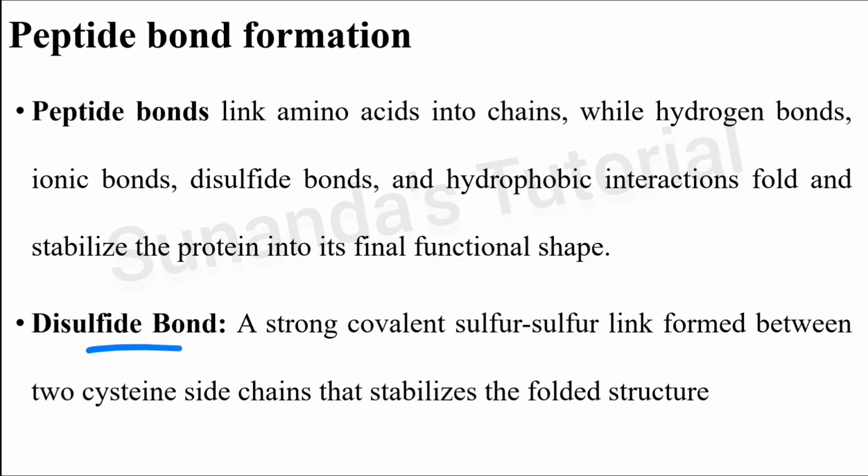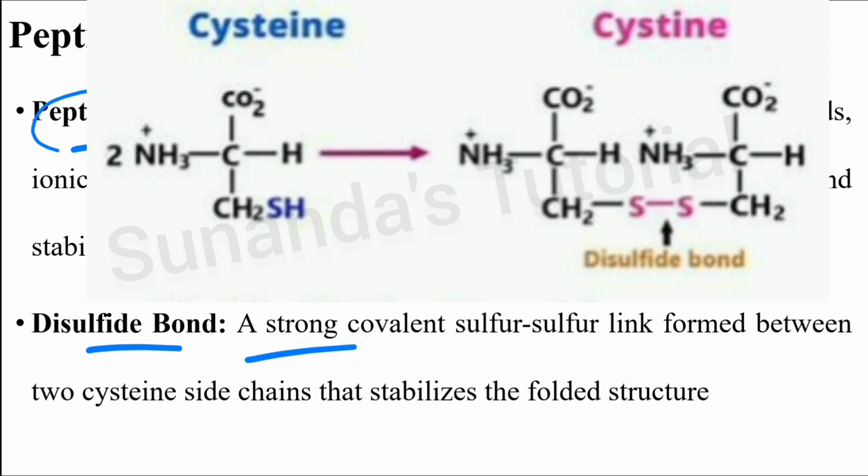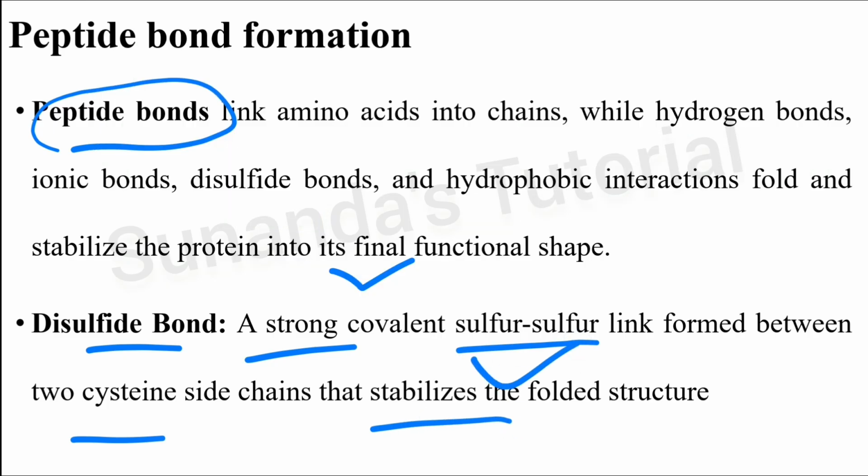Next is disulfide bond. About peptide bond, I have already told you about peptide bond formation. It is formed between the carboxyl end of one amino acid and the amino group of the next amino acid, and during the formation of peptide bond, one water molecule is removed. Now disulfide bond, it is also a strong covalent sulfur-sulfur link formed between two cysteine side chains that stabilizes the folded structure of protein.